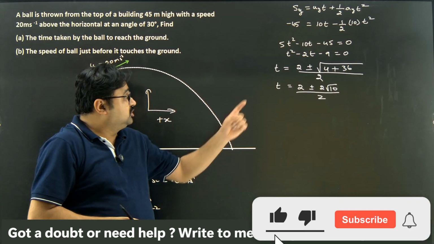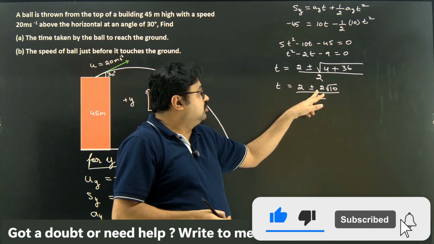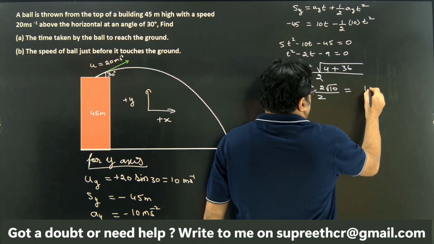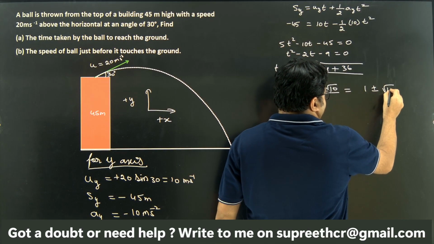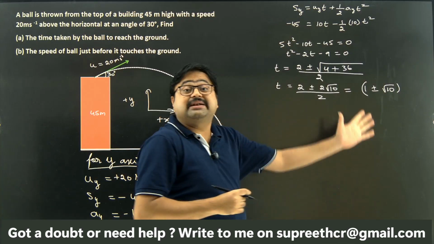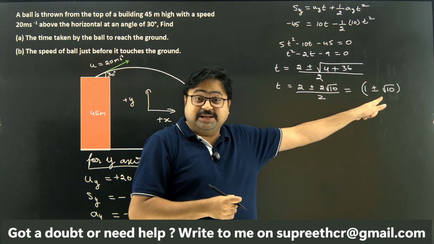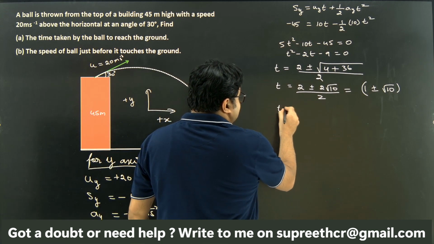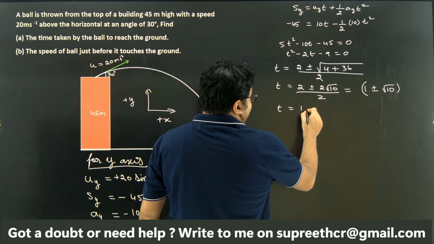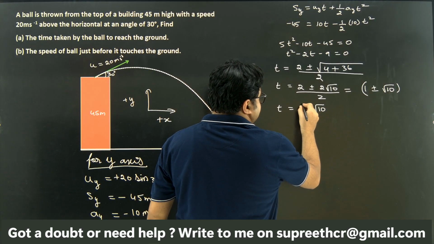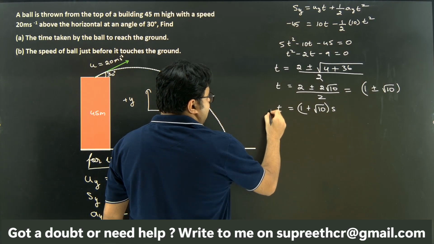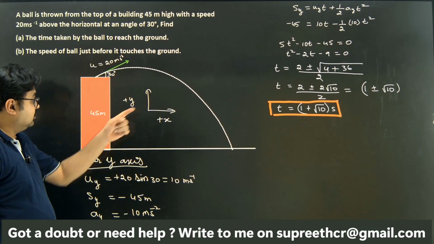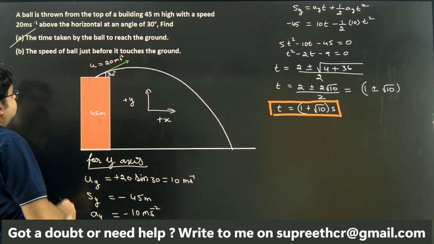Obviously, there are two roots, which is going to be 1 plus or minus root 10, right? You cannot take the minus sign there because it is impossible for time to be negative. So the correct answer for the time is simply 1 plus root 10 seconds, my friends. This is how much time it takes for the projectile to fall to the ground. And we've answered the first question.